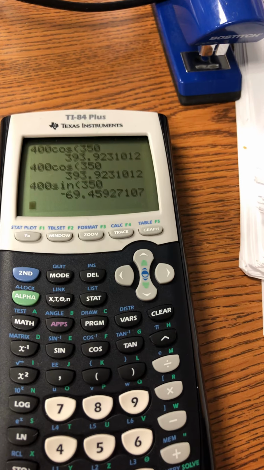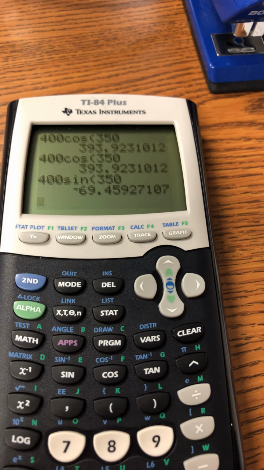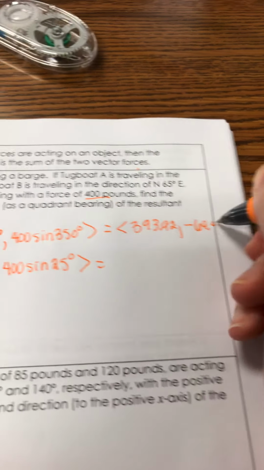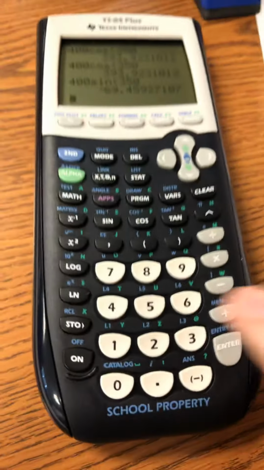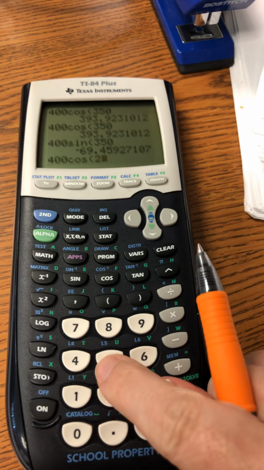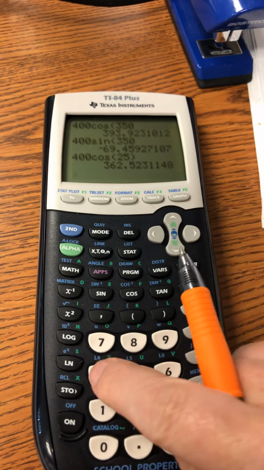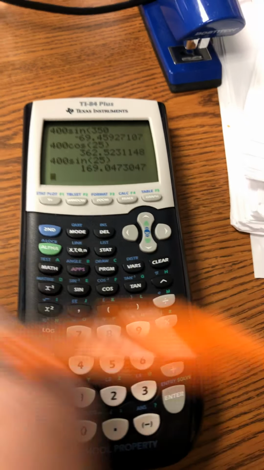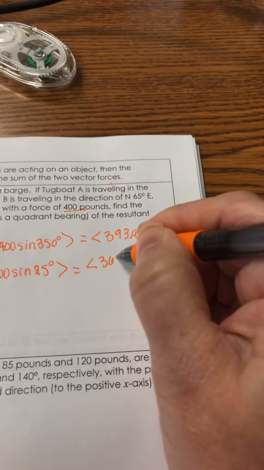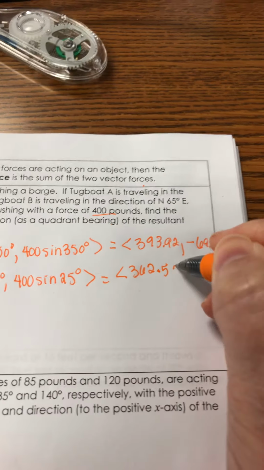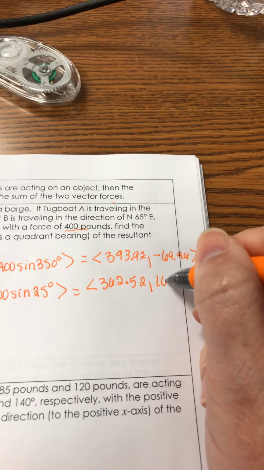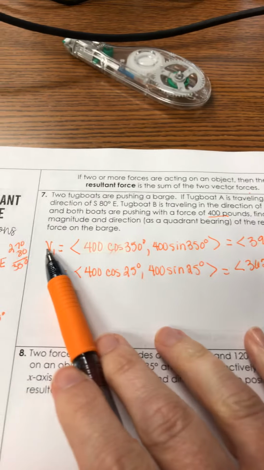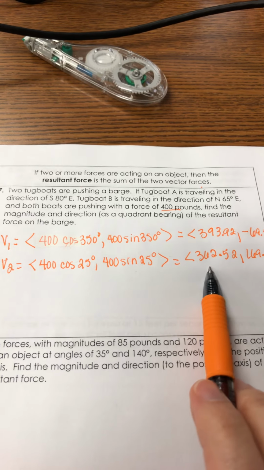So that one's going to be negative 69 and 46 hundredths. Okay, now let's do the other one. 400 cosine of 25. I'm going to go ahead and do 400 sine of 25 while I'm here. So 362 and 52 hundredths, and then 169 and 5 hundredths. Okay, so I found my component form for vector 1 and vector 2.